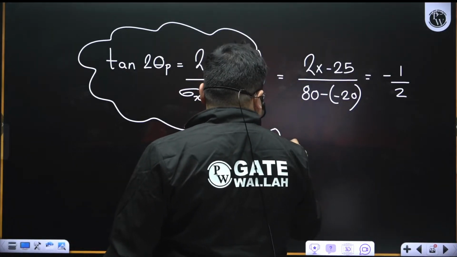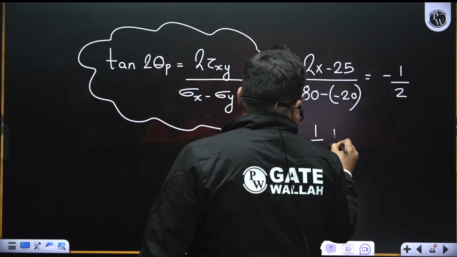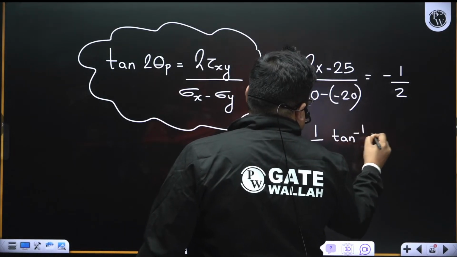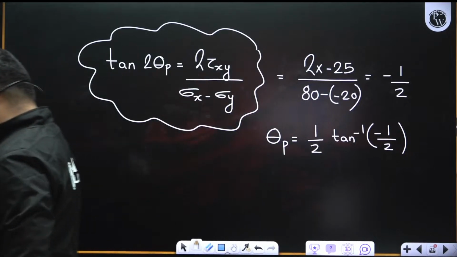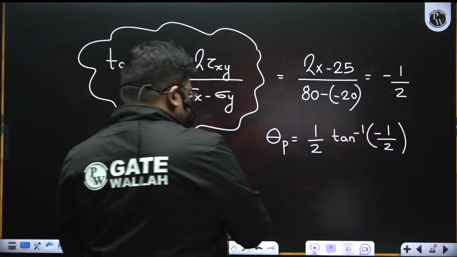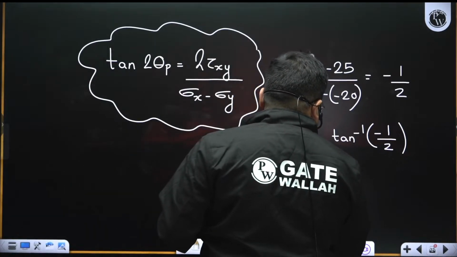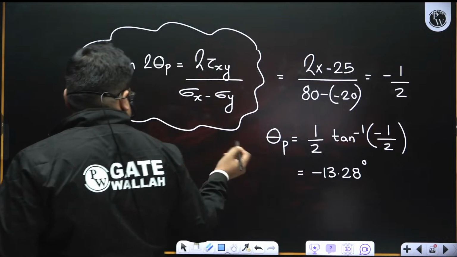If you find out, theta p will be equal to half of tan inverse of minus half, right? So when I find out tan inverse of minus half and then divide it by 2, I am getting minus 13.28 degrees, right?